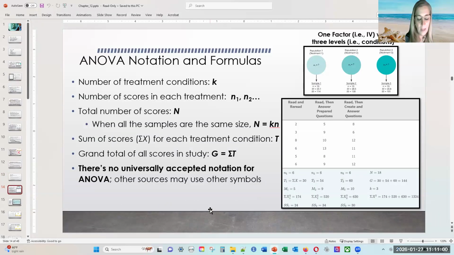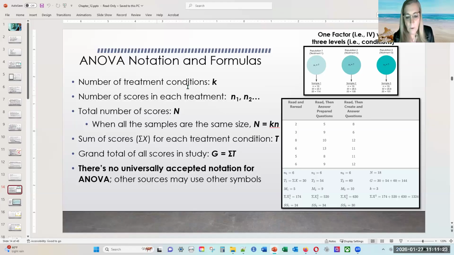All right, so there's also some more vocabulary we should remember. We've already learned that independent variables are now called factors, and these factors, like independent variables, can have several levels or conditions.